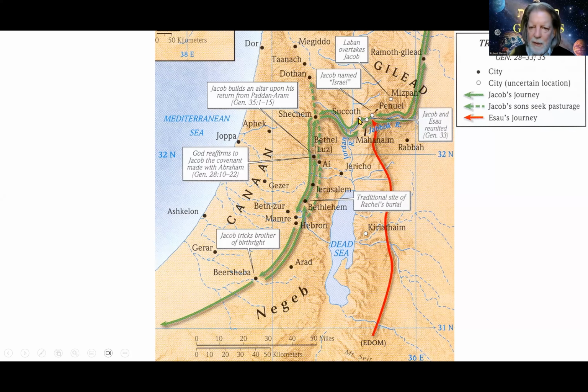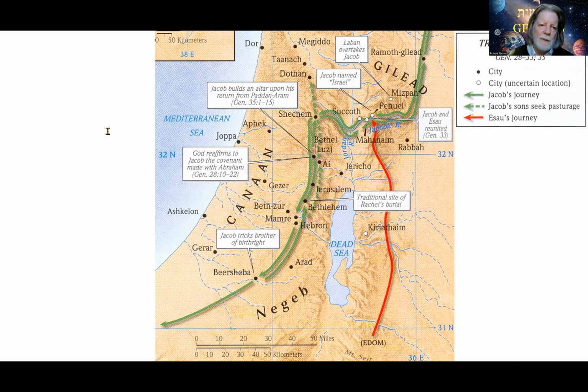He goes over this way, and it sounds like he builds a house at Sukkot. The other place that he is going to settle down is over here at Shechem. So this seems to be the territory that Yaakov is interested in settling down in.